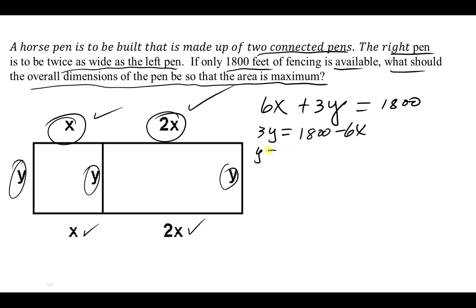So y is equal to 600 minus 2x. So that is going to be a constraint, and we want to maximize the area.